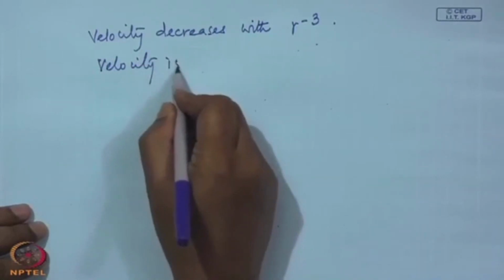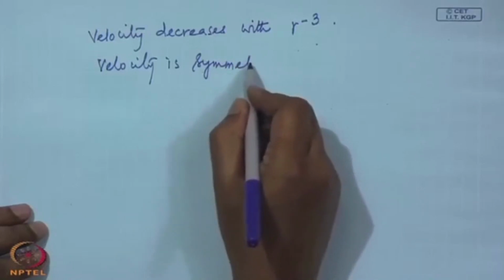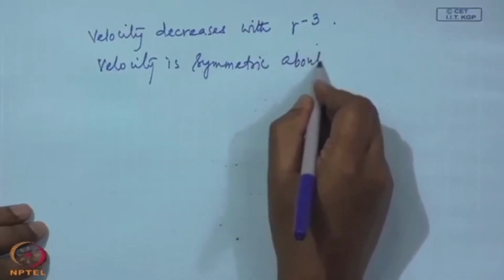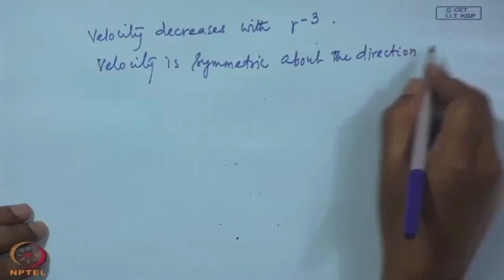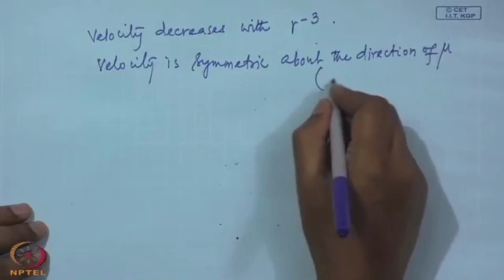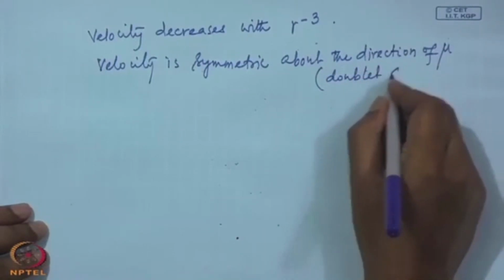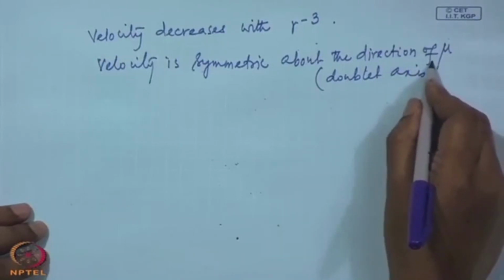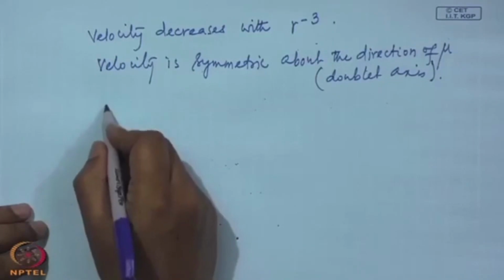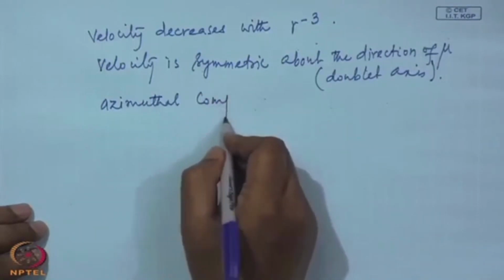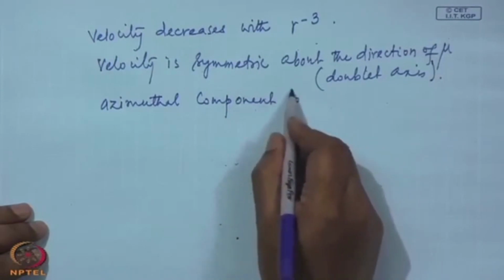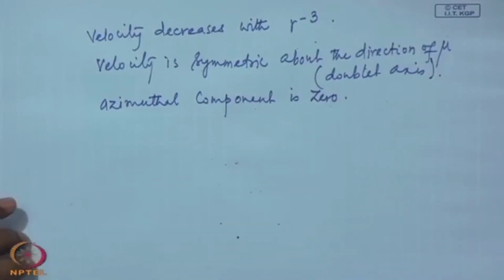Velocity is symmetric about the direction of mu, since the azimuthal component is 0.